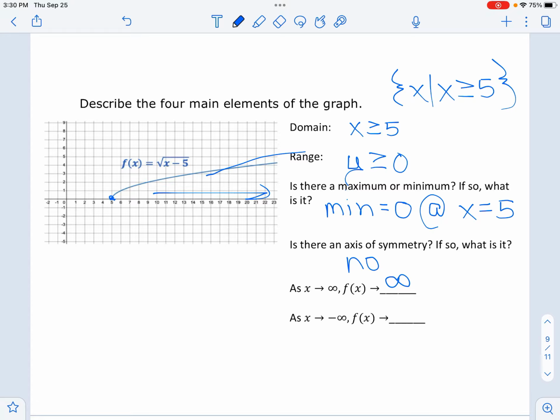It's a little tricky. There's not really anything we can do with this one. As it goes this way, it's sort of undefined. All I can go is to here. So that one's a little weird, and we're not really going to deal with that. I hope that makes sense.